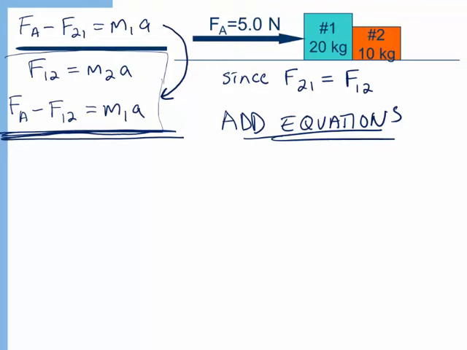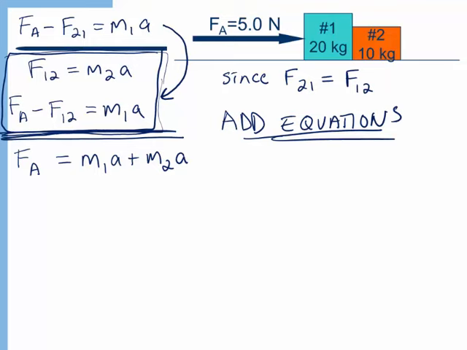In fact, those action-reaction pairs should always cancel out when I'm adding up all of the equations. So it's kind of a nice check. When I add the left-hand side, I get Fa plus F12 minus F12, so I just get Fa on the left. And on the right, I get m1a plus m2a. Again, I'm just adding these two equations up.